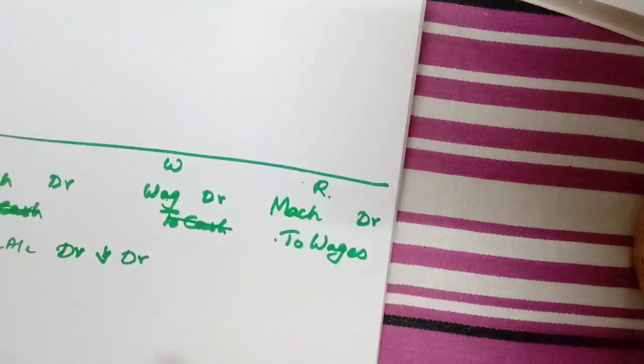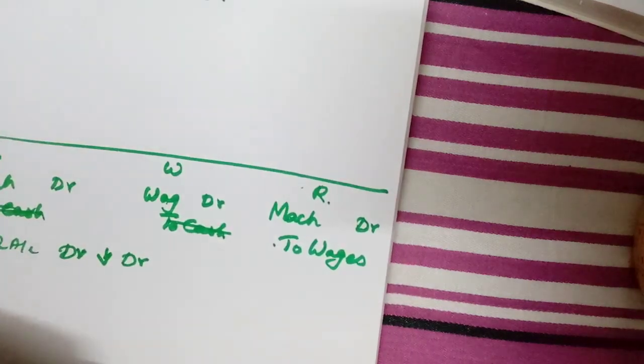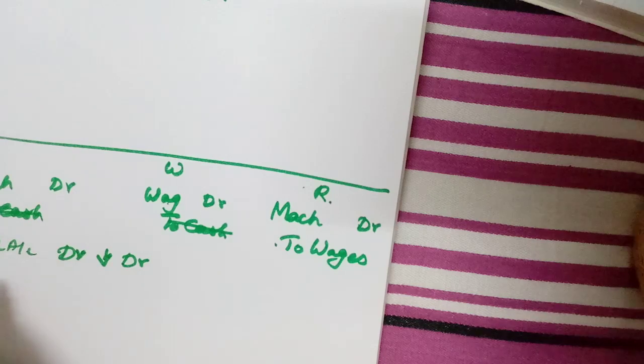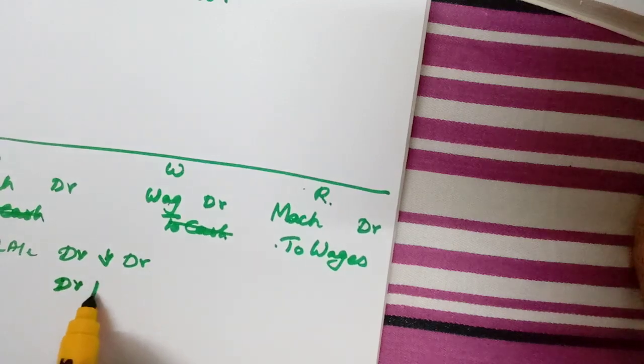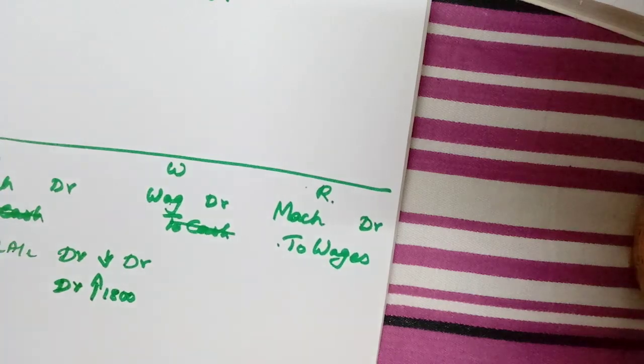Now you have to do the calculation for C. Goods purchased for 200 only was posted as 2000 to purchases account. So the purchases account shows a debit balance, and we have written 1800 more. Instead of 200 they have written 2000.